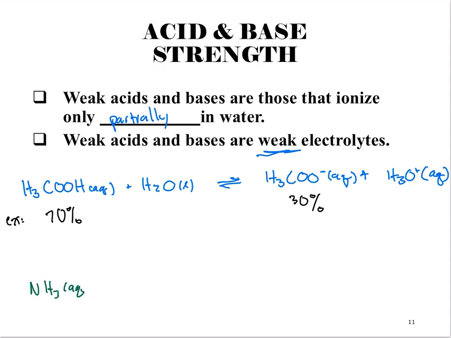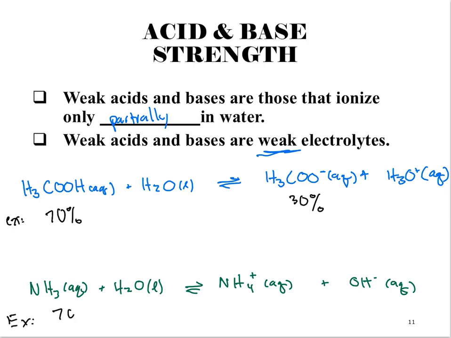So ammonia, for example, we put it in water and we get the ammonium ion and OH minus, and we might have 70% of this in solution and 30% of the ammonium ion in solution.